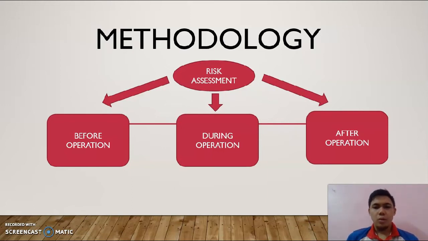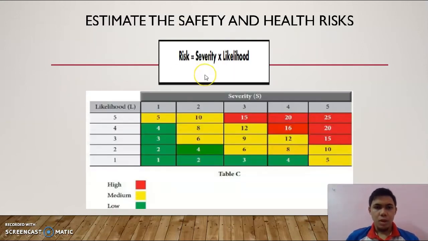After that, we have to estimate the safety and health risk. Risk rating, one of the most simplistic forms of risk assessment, is to rate the remaining risk as high, medium or low, depending on how likely the activity is to cause harm and how serious that harm might be.